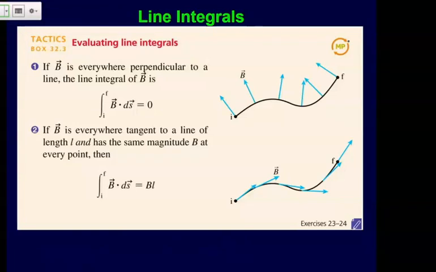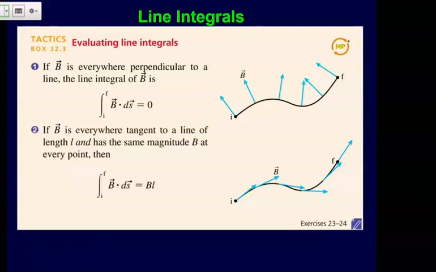And so here's a little picture summarizing that. For the actual situations that we'll see, primarily these two: the case where, when you're going along your path, the magnetic field is always perpendicular, or the case where it's always in the same direction. In this case, it's literally B times the length, because it's a nice constant magnetic field. In this case, it's 0.